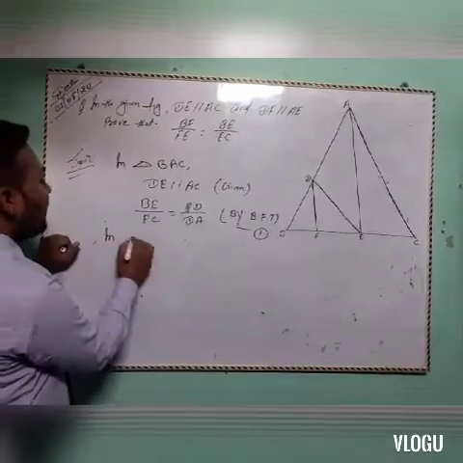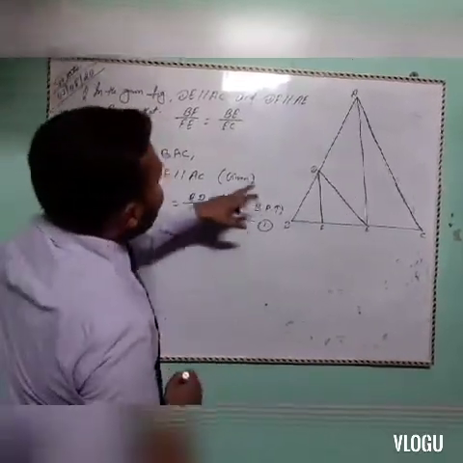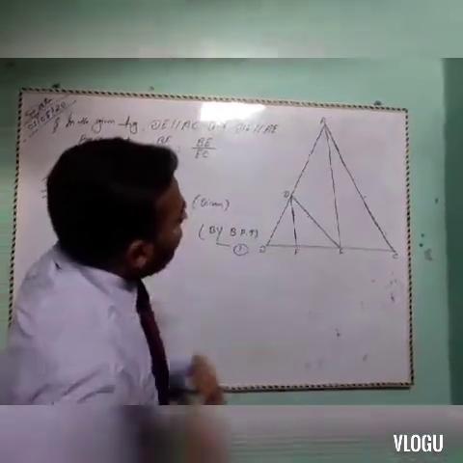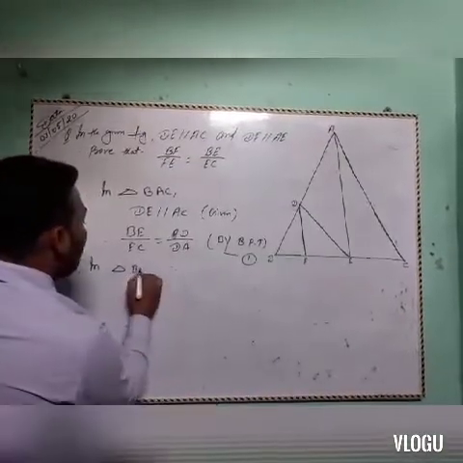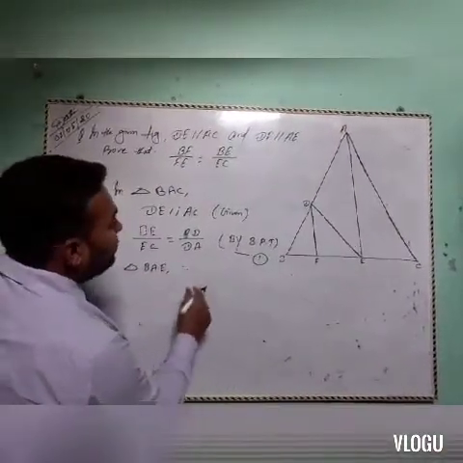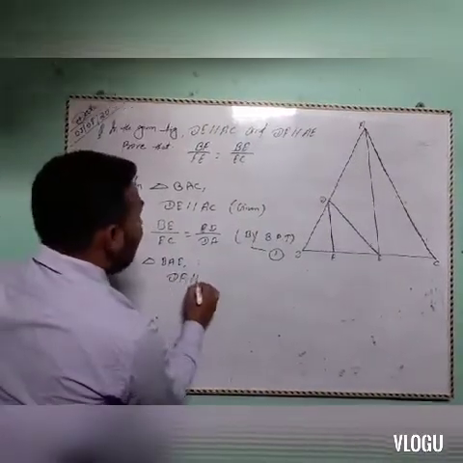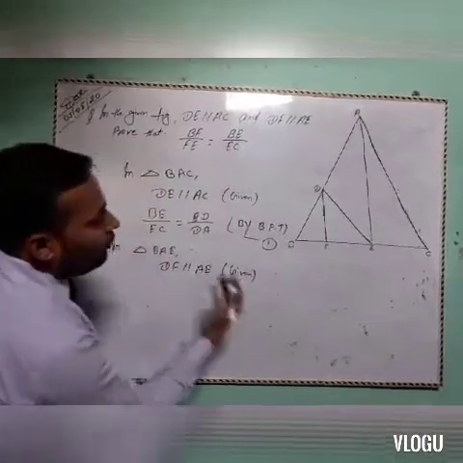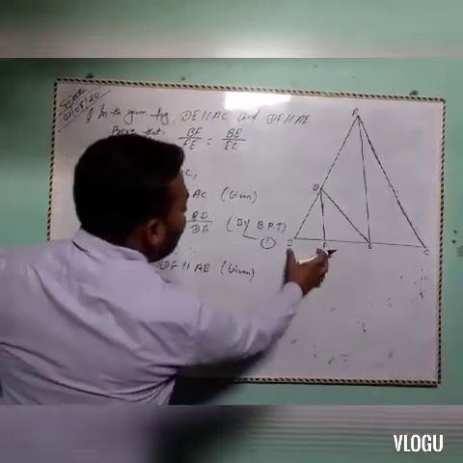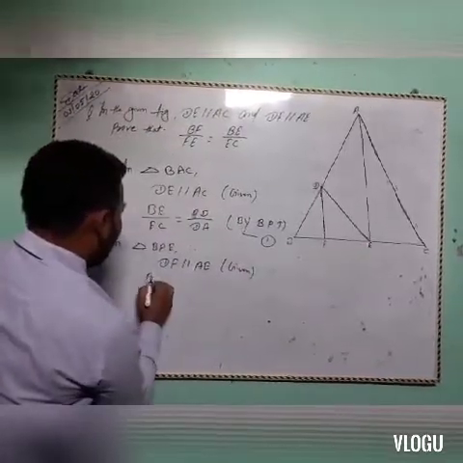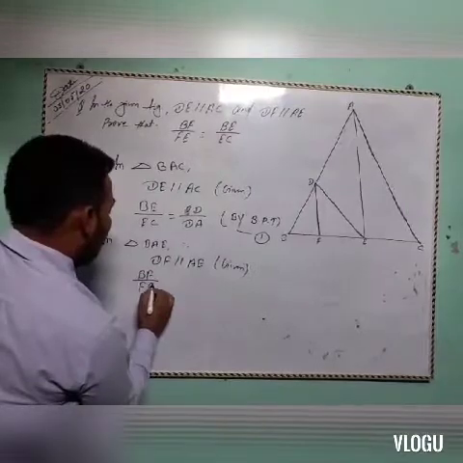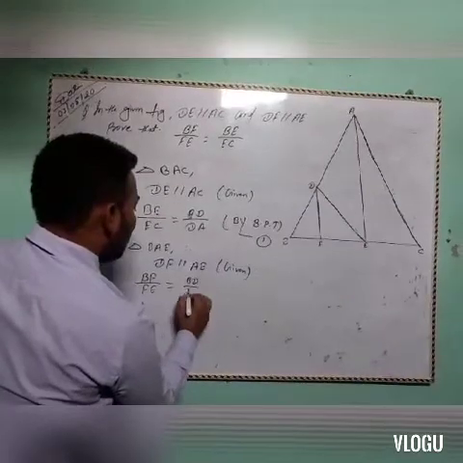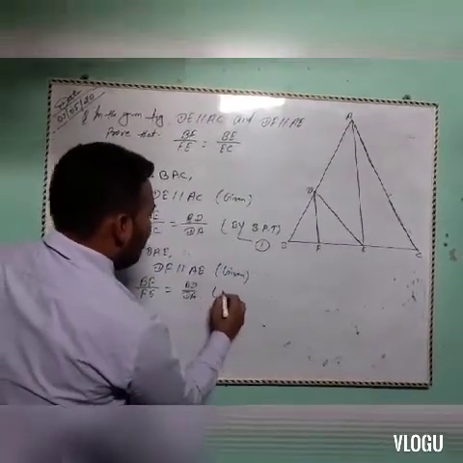Now in triangle BAE, DF is parallel to AE, given. So we say that BF upon FE equals BD upon DA by BPT.